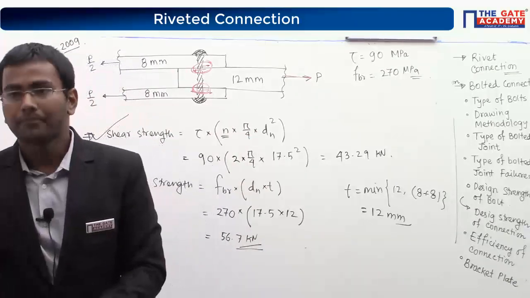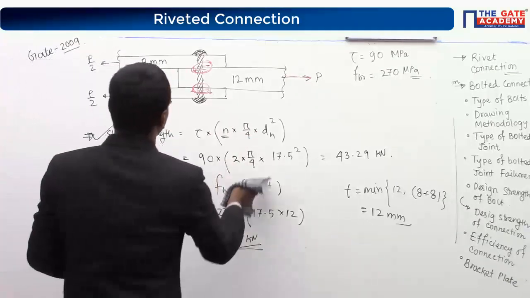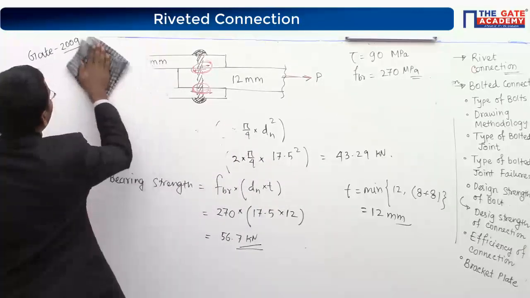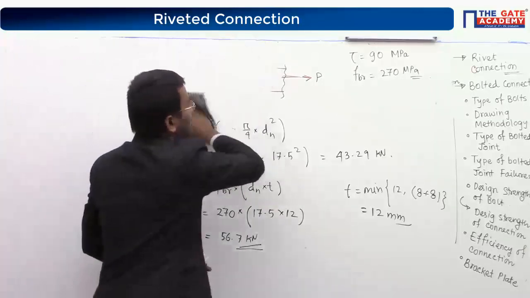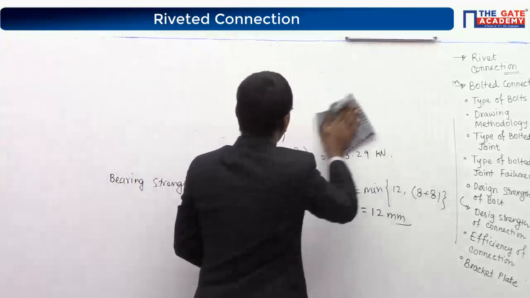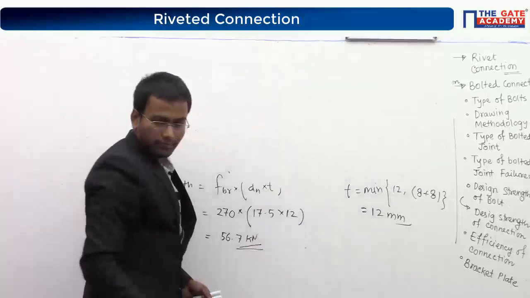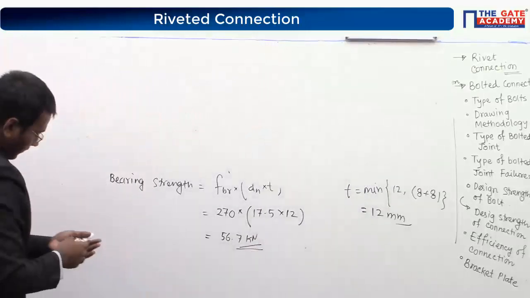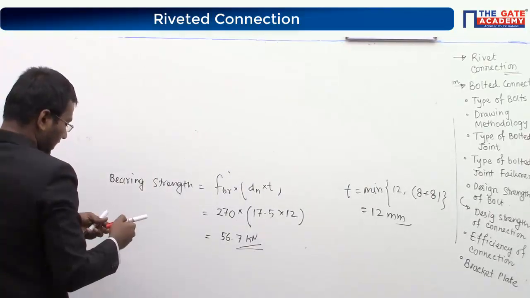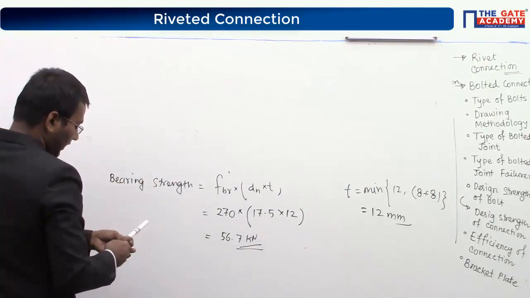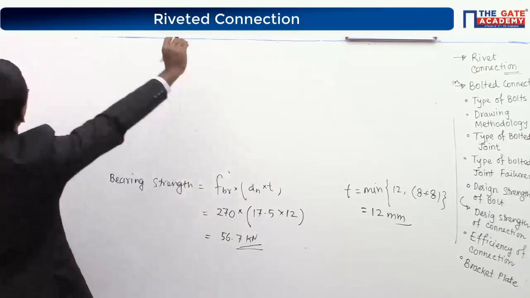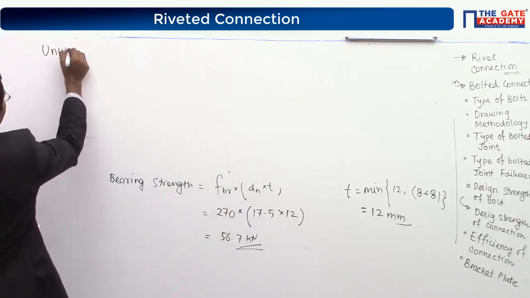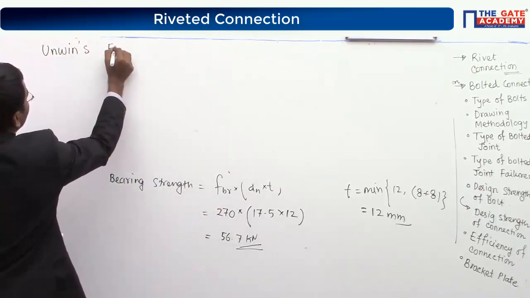Now next, write down your next and last topic of riveted connections, which is Unwin's formula. Unwin's formula for minimum diameter of rivet and minimum thickness of plate. So write down Unwin's formula.